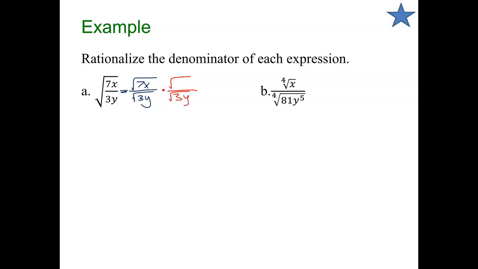Multiply by y, that gives me a y squared. Okay? So I'm going to multiply those together. So what is the square root of 7x times the square root of 3y? Good. And then the square root of 3y times the square root of 3y. 9y squared, which allows me to then simplify to be 3y.